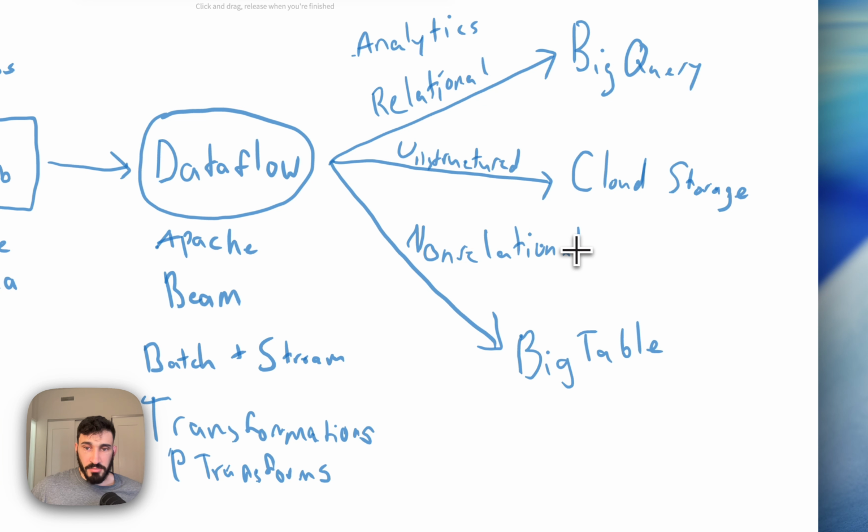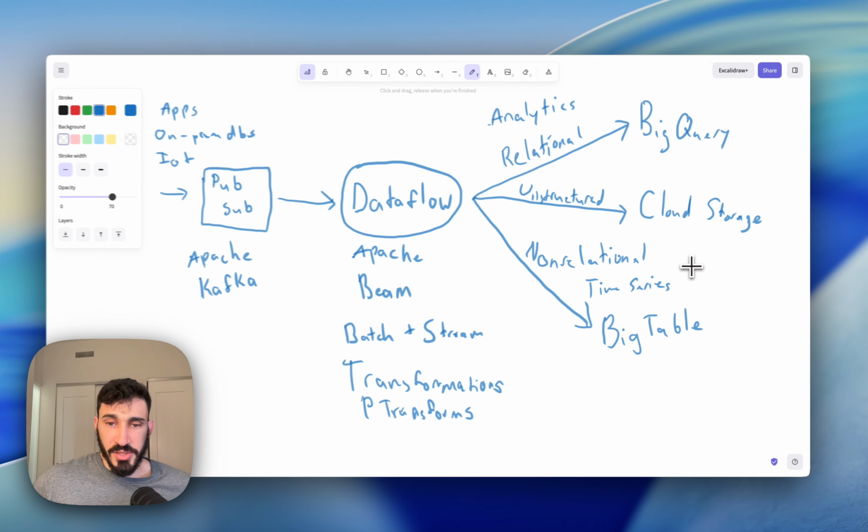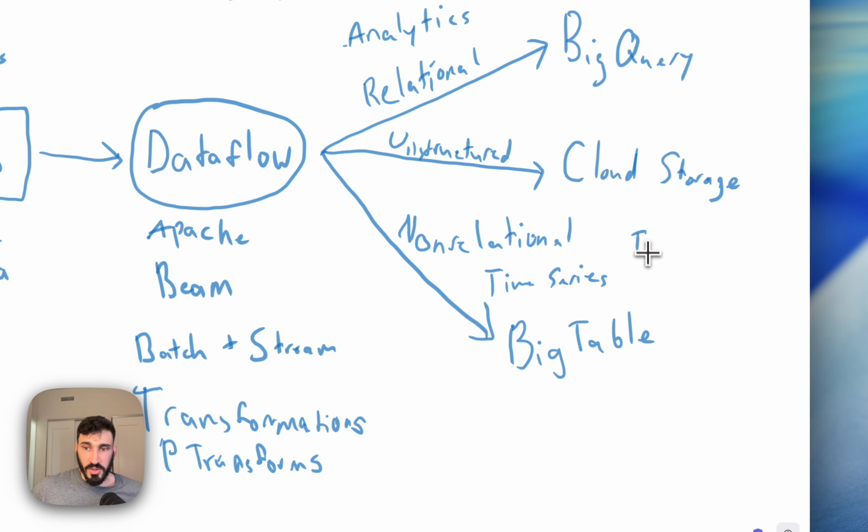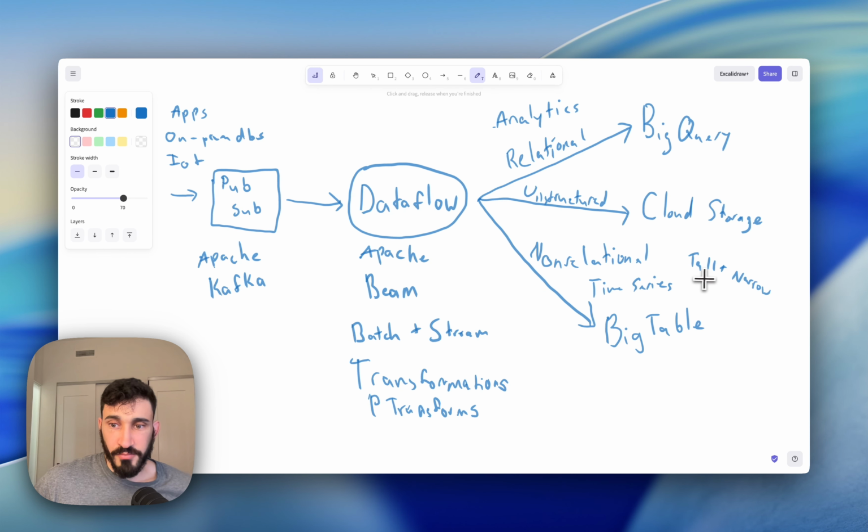And it would be good for time series data, and it's also good for essentially tall and narrow tables, which is essentially what a time series data table is, right? They tend to be tall and narrow. So, Bigtable, cloud storage, and BigQuery, these are the most common destinations after Dataflow.